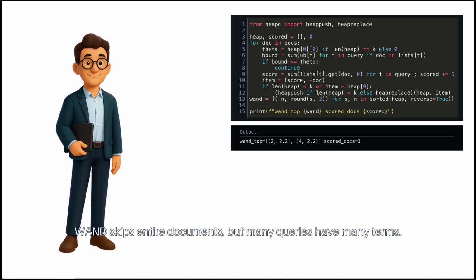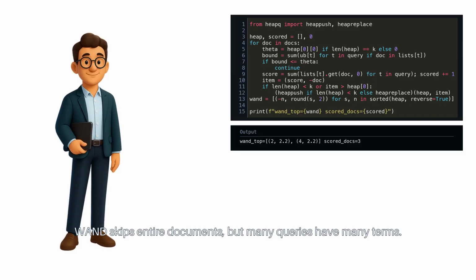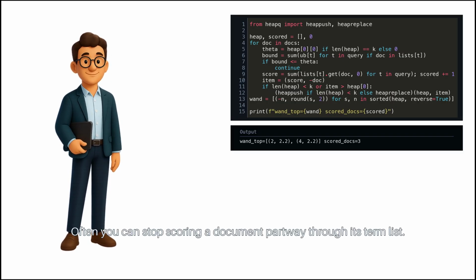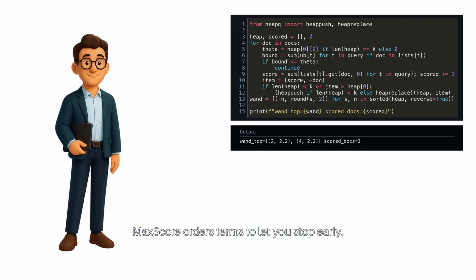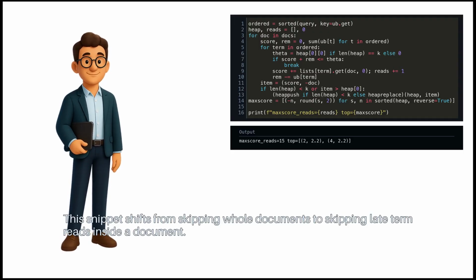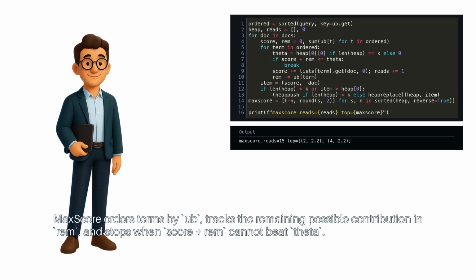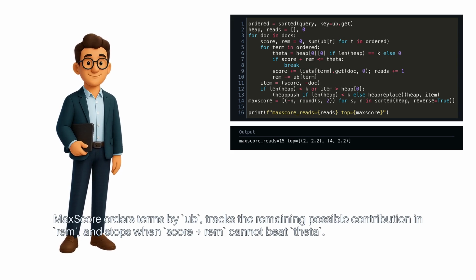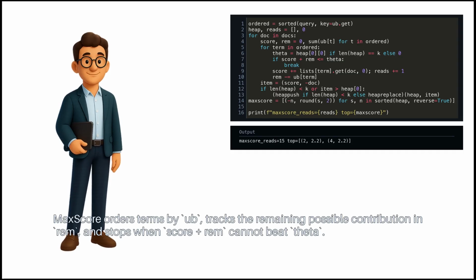WAND skips entire documents, but many queries have many terms. Often, you can stop scoring a document partway through its term list. MaxScore orders terms to let you stop early. This snippet shifts from skipping whole documents to skipping late-term reads inside a document. MaxScore orders terms by UB, tracks the remaining possible contribution in rem, and stops when score plus rem cannot beat theta.